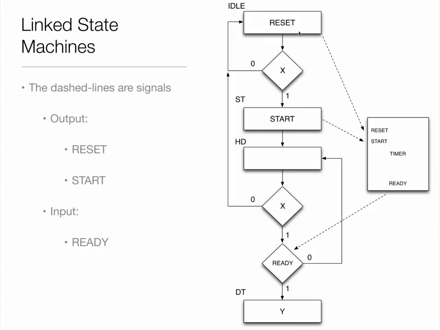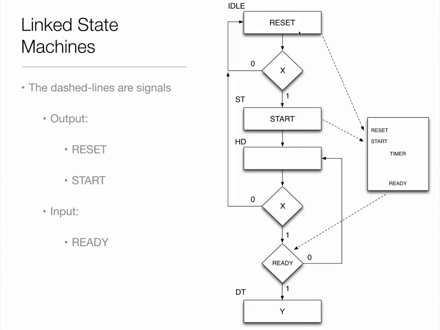Now, somebody comes along and presses the button X and sets it to 1. On the next state, ST, the start output goes high, and by implication, the reset output goes low. And that will set the start input high on the timer to start the timer off. So reset's low, start is high, and off it goes.